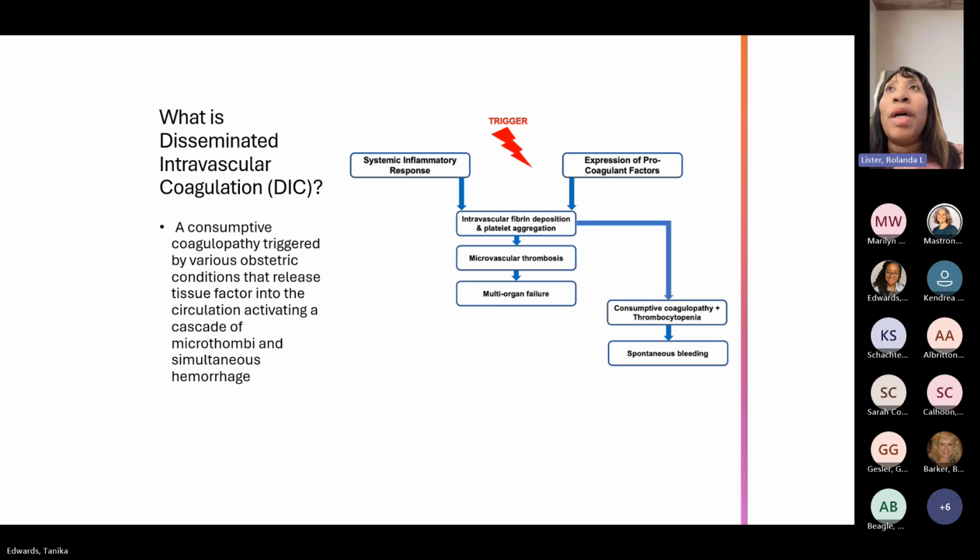Because the clotting factors are all consumed in those micro clots or microthrombi, that leads to not enough clotting factors in other places in the body.